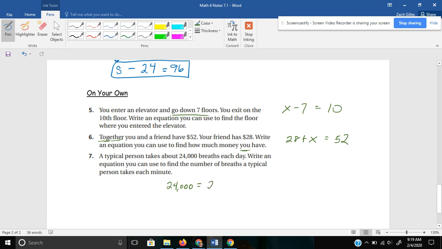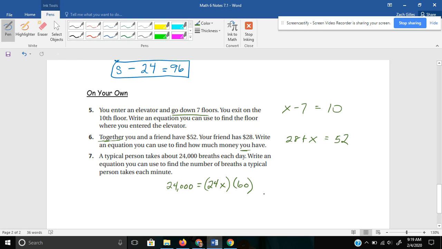Okay, if we took 24 times x, and then also times that by 60, that would be how we could find our answer for each minute. Okay? That one's a little bit trickier.